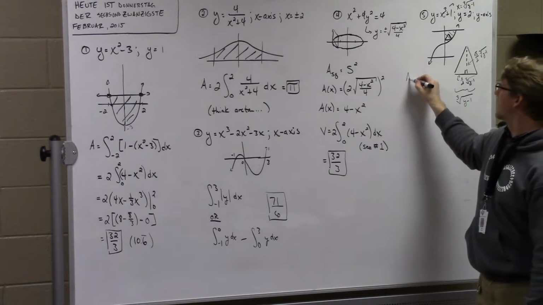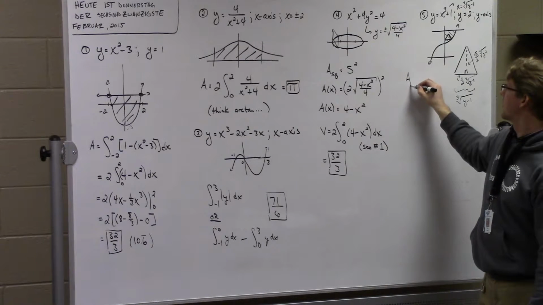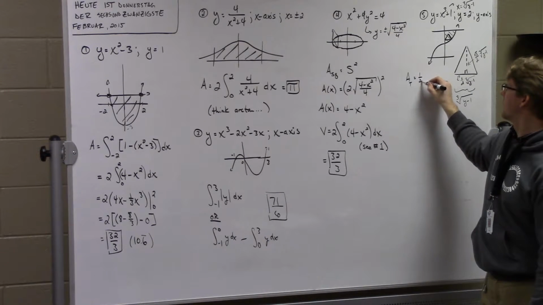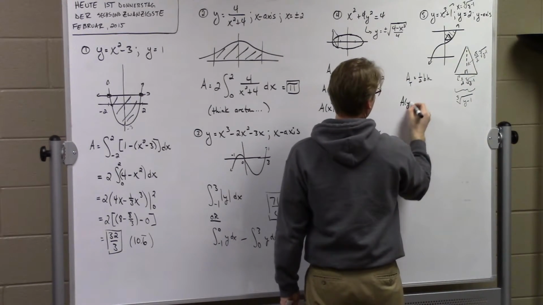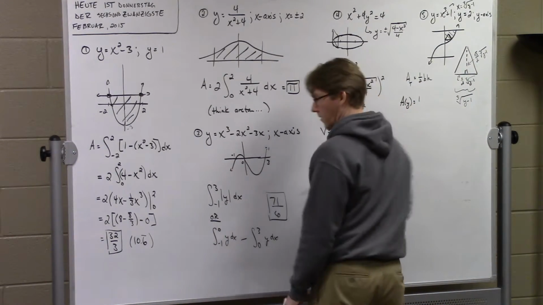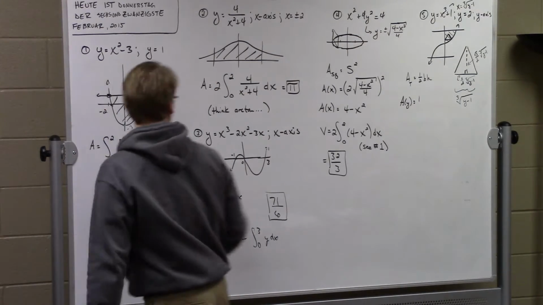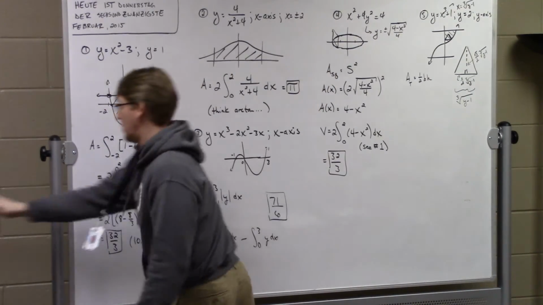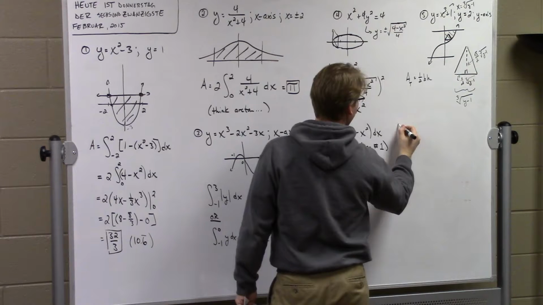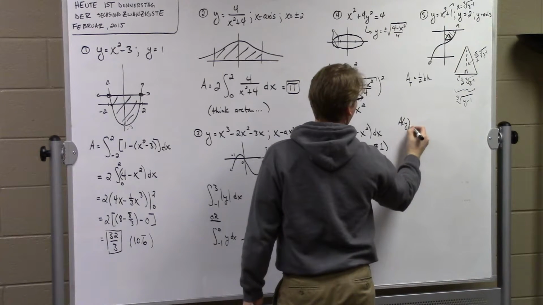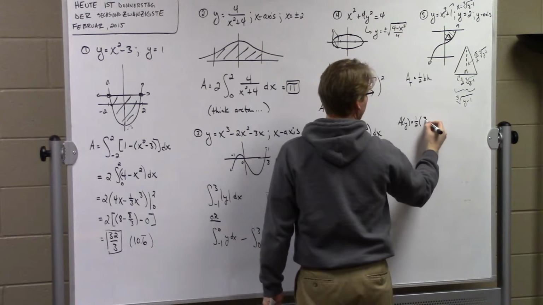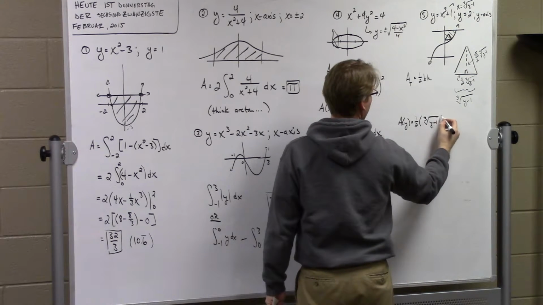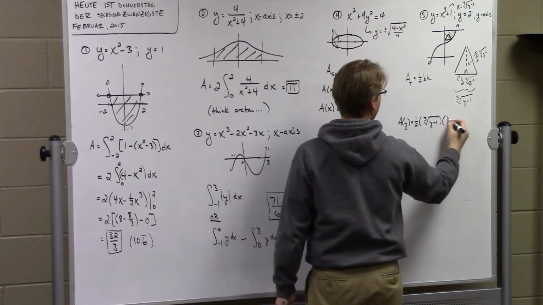So our area of a triangle, 1/2 base times height, is going to be, I'm going to run out of room here. Area in terms of y, 1/2 base times height.